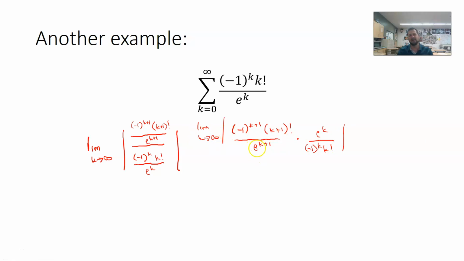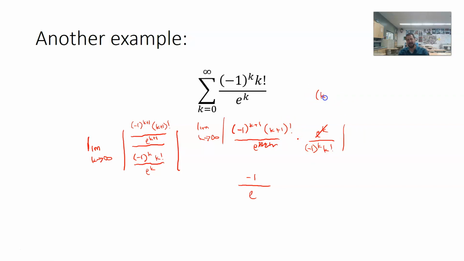So now I go factoring, okay? There's one more e on the bottom than there is on the top. So those cancel with everything but one of those, so I've got an e on the bottom. There is one additional negative 1 on the top than there is on the bottom, so I've got a negative 1 on the top. Now realize here I've got k plus 1 factorial, and I've got k factorial on the bottom.